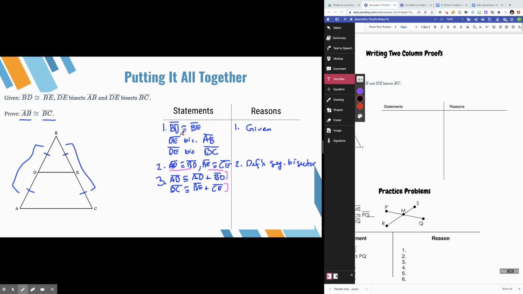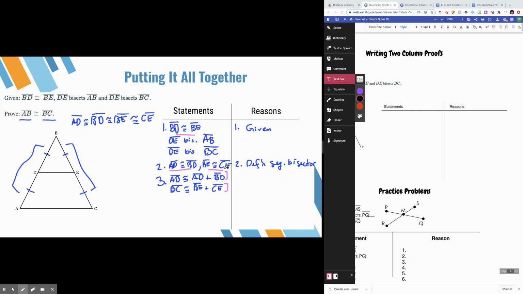It allows us to make this really long chain of, right, AD is congruent to BD, which is congruent to BE, which is congruent to CE, right? They're all congruent. So I can essentially use the transitive property, or you can think of it as a substitution property, where I'm plugging a bunch of stuff in for everything else.